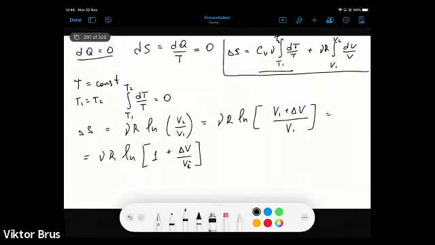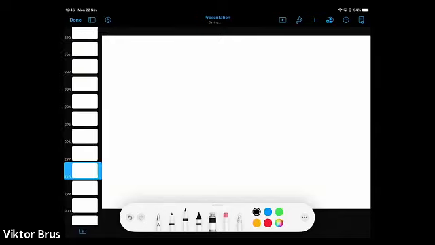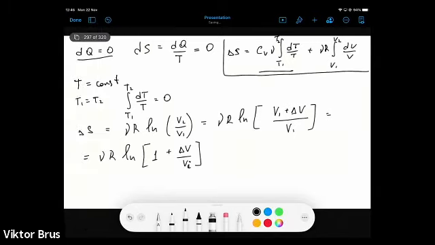Also, we have one more process, which is isochoric process. And in this case, maybe let's try to squeeze it here, so we can still see this equation. During isochoric process, volume remains constant. So it means the second term does not have impact on the change of entropy, because this integral will be equal to 0.